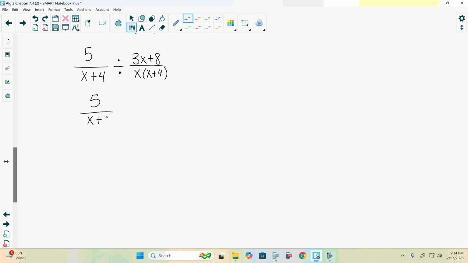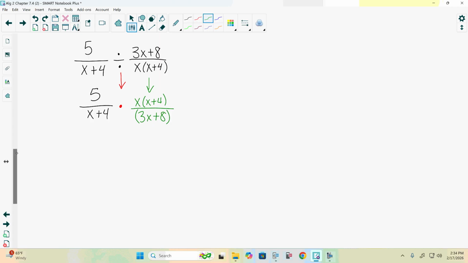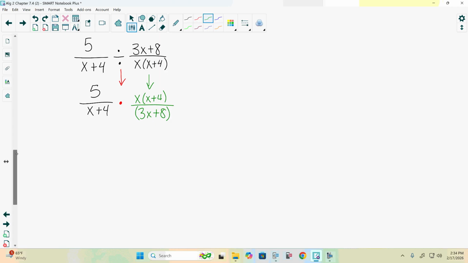So we keep the first one the same. We change it from division to multiplication and flip the second expression. Now I didn't write parentheses for the 3x plus 8, but they are there, the same with x plus 4.